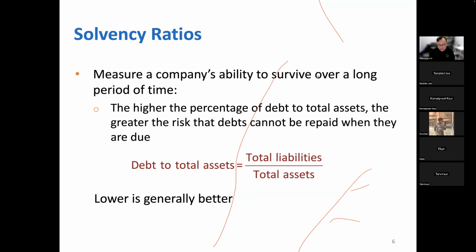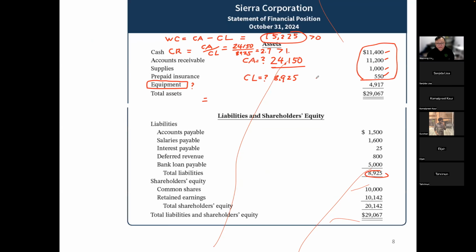And lower is generally better. Okay, so tell me here, what is my debt to total asset ratio? 0.31. Did everyone get 0.31?